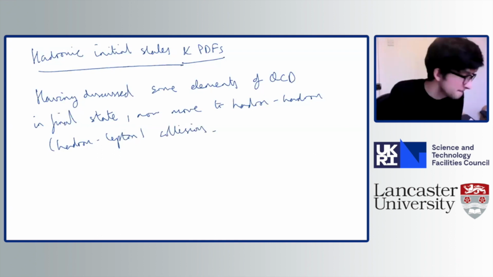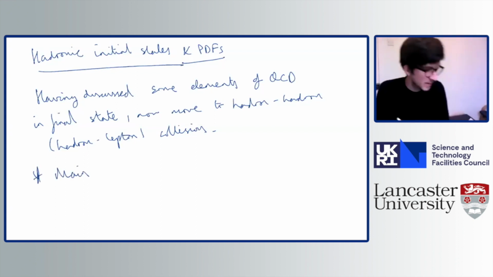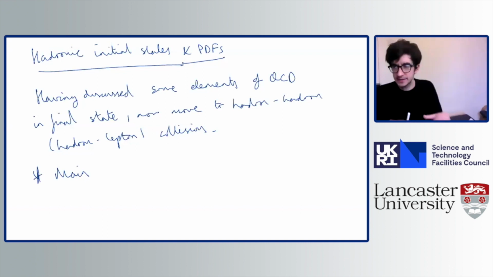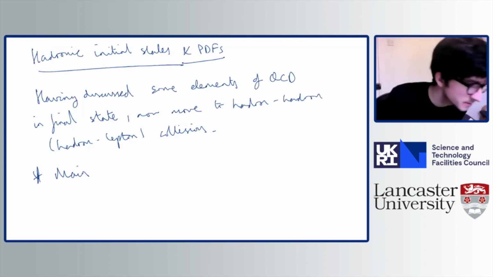as we know. And so the main question I really want to address here is, I've talked a lot about how you connect your hard scatter to the actual thing you measure. I'll say more about that in the final state, via the showering and resummation and all of that business. But we also have something in the initial state, which is the fact that we're colliding strongly interacting particles. And therefore the question is, how do we deal with that fact?